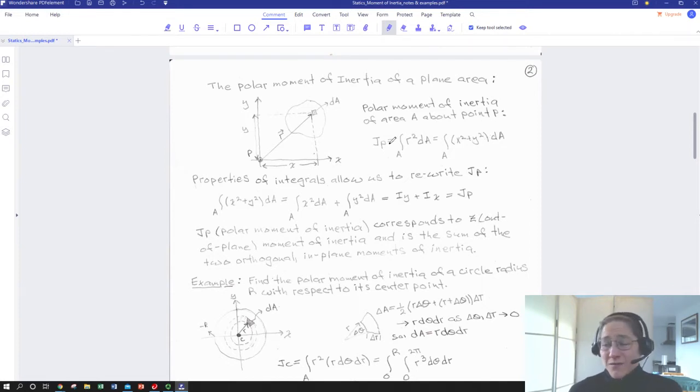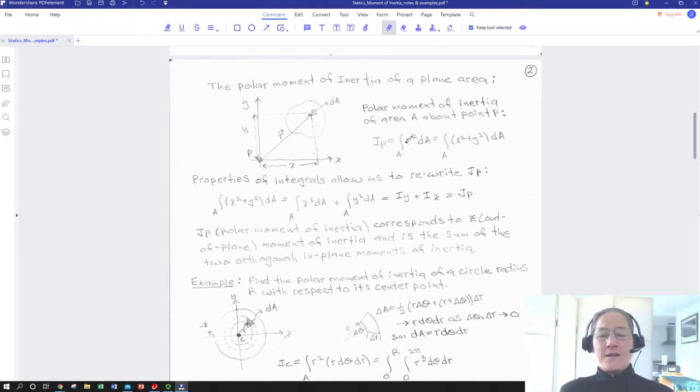So we can just invoke the general concept of a moment of inertia of our area, a differential area at a known perpendicular distance from the axis of rotation, integrated over the whole area. Okay, so in this case, the only difference from what we defined for our I sub x and I sub y is that we've got an r instead of an x or a y coordinate.